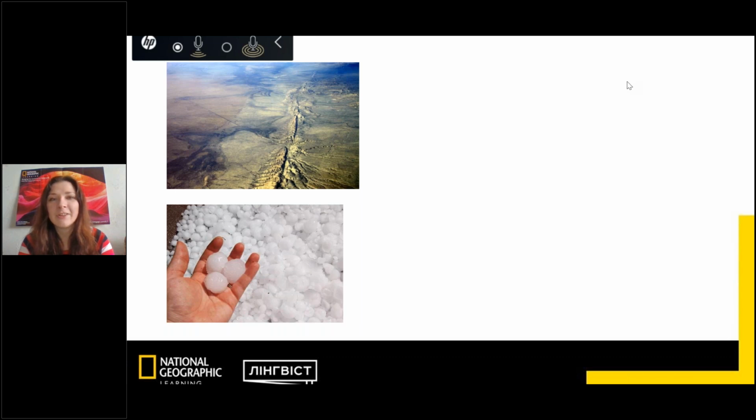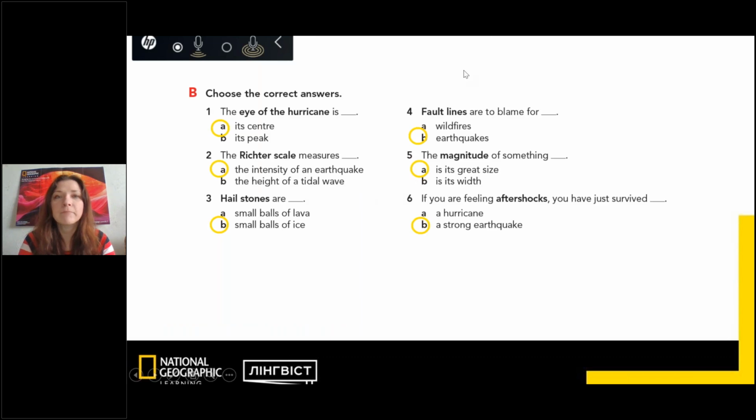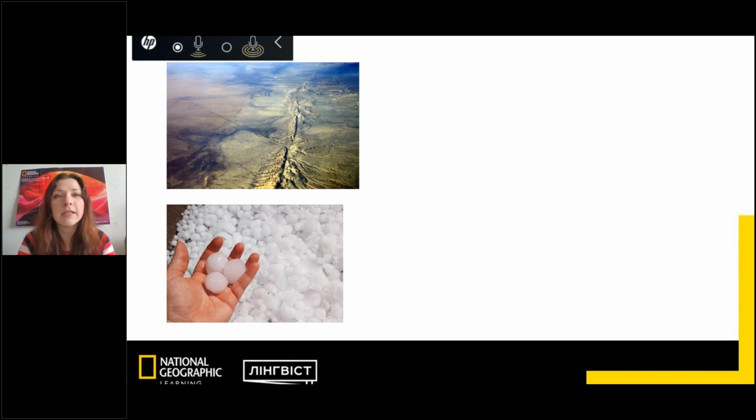What can you see in the picture now? It happened after the earthquake. So this is the fault line. Remember, let's have a look again at this word. The fault lines are to blame for earthquakes. That is how it looks, and now you know how it is called.